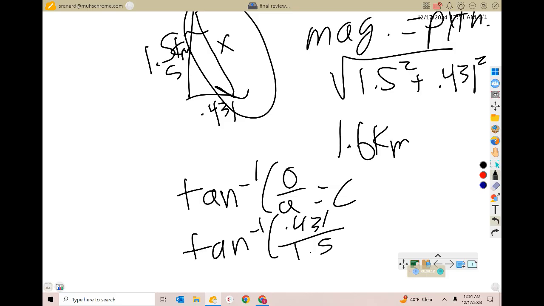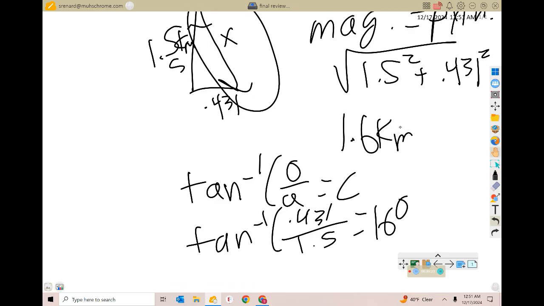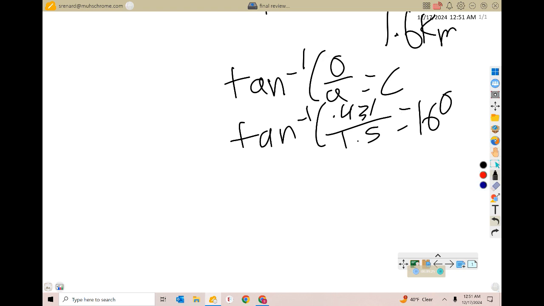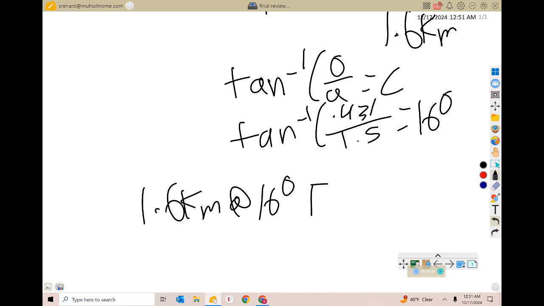We get 16 degrees. So our final answer here is the coffee rapid response team needs to travel 1.6 kilometers at 16 degrees. And that is going to be east of south.